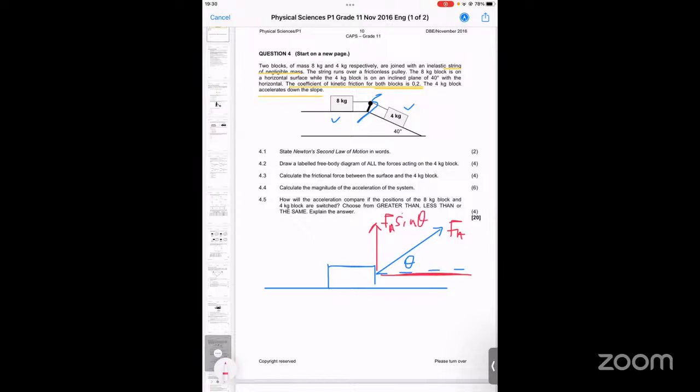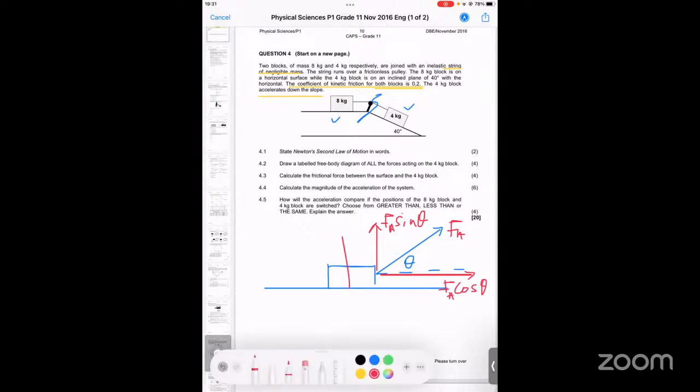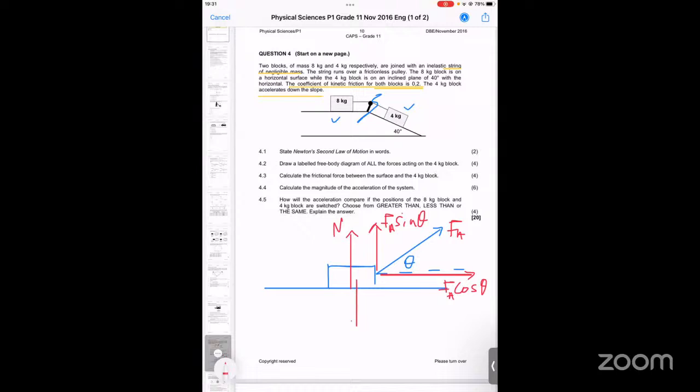And we will also have its component in that horizontal direction. Do you agree there, Didintle? Yes, sir. So we will also have a normal force acting vertically up. We will also have FG acting vertically down.